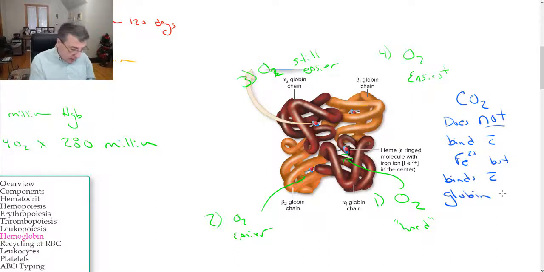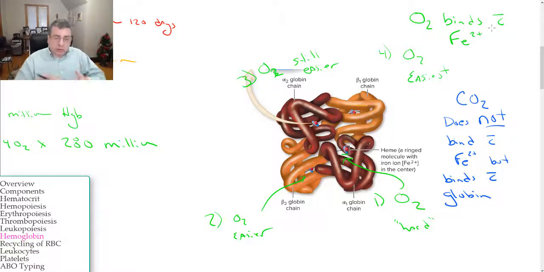Okay, oxygen, I'm going to go back in here, binds with iron. So oxygen binds with the iron molecule. Carbon dioxide binds with the globin, not the iron. That's always a trick question, so be aware of that one.